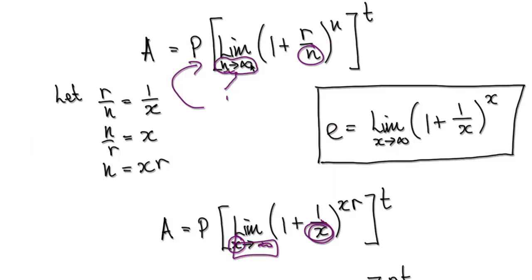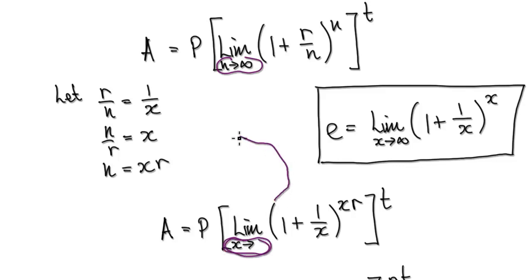Looking at x here, as n gets bigger and bigger, what is actually happening to x? Well, as n gets bigger and bigger, x also gets bigger and bigger. This is just a trick that we normally use.